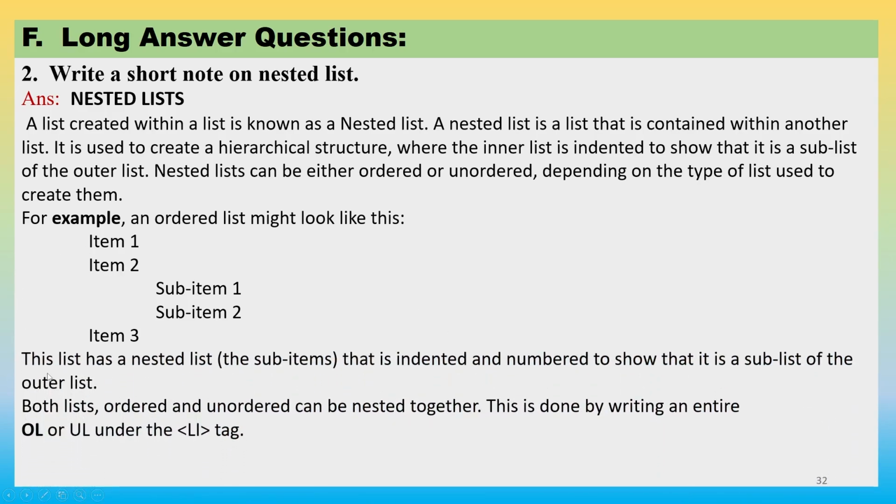This list has a nested list sub items that is indented and numbered to show that it is a sublist of the outer list. Both list ordered and unordered can be nested together. This is done by writing an entire OL or UL under the LI tag. Okay.